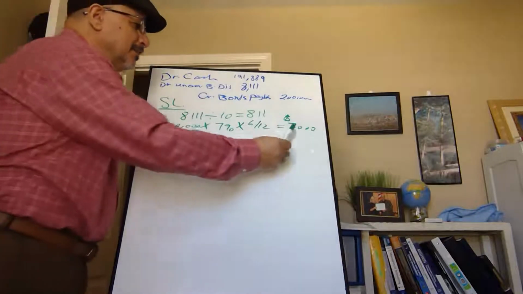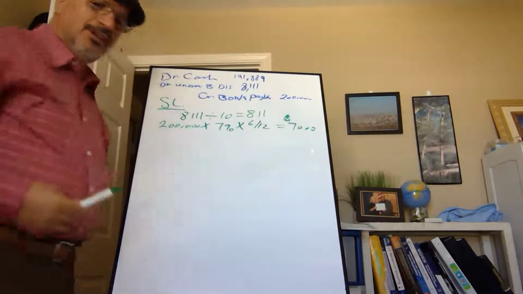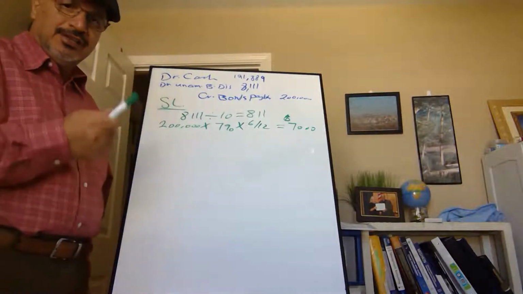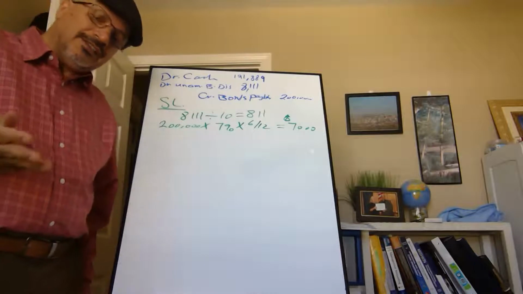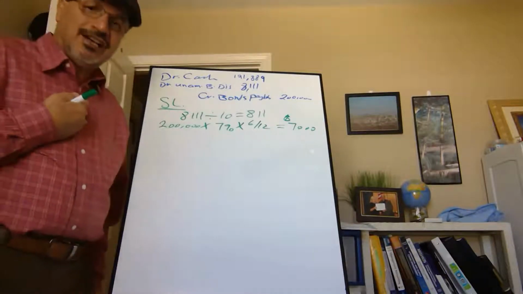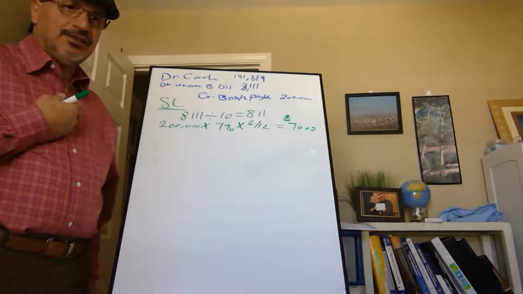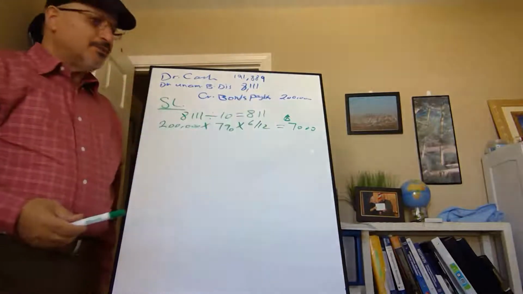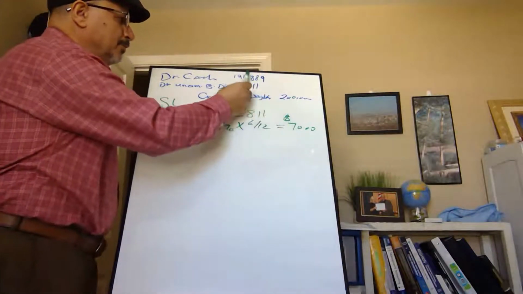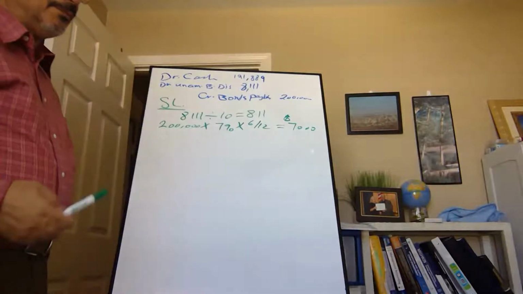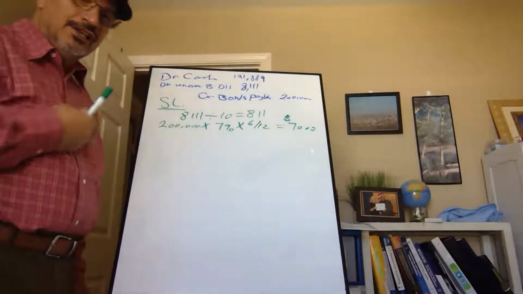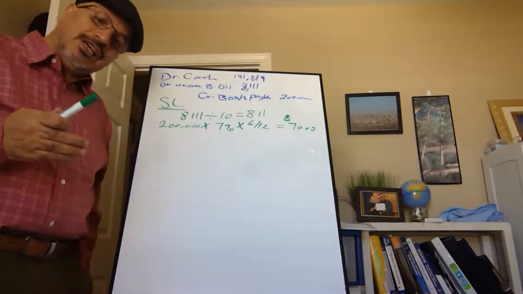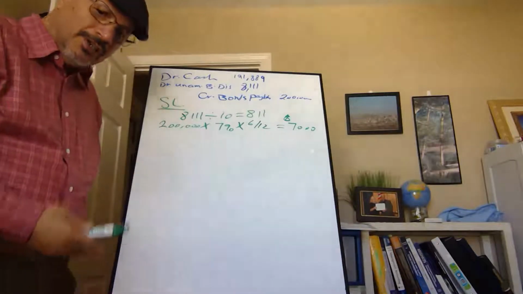We are paying $7,000 as interest, but we are actually recognizing more interest expense on the income statement, and that's because of the discount. So the discount is going to cost us a little bit. When we collected $191,889, we were supposed to collect $200,000. That's the price we have to pay in order to sell our bonds. So that's why we will have to recognize a little bit more interest expense.